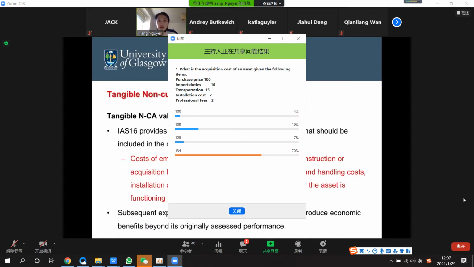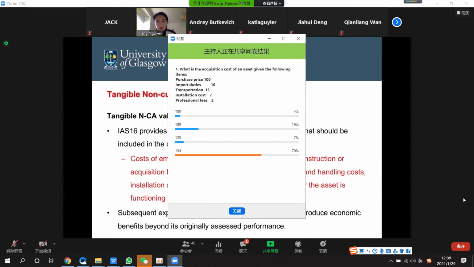And the answer is 134. Here, we need to include purchase price, import duties, transportation, installation, and professional fees. So it's not just the purchase price, but we need to include everything. And that's the first thing about the cost.